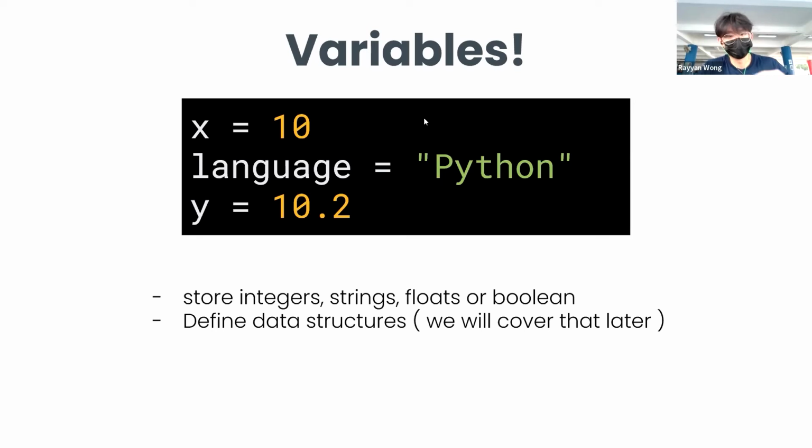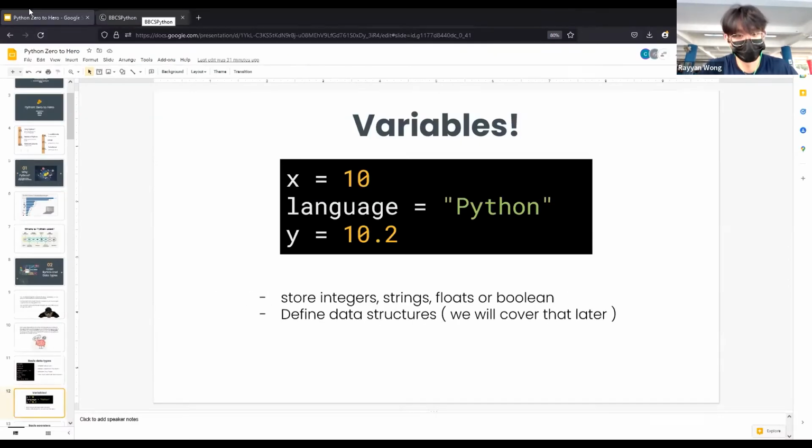So try not to name it as a function name because it may cause some errors in the future. So X, language, Y are examples of variable names that you can use, right? And what's cool about variables is that they can also define data structures, and Celine will be covering that later, right? So I'll show you guys some examples of how you can define variables.